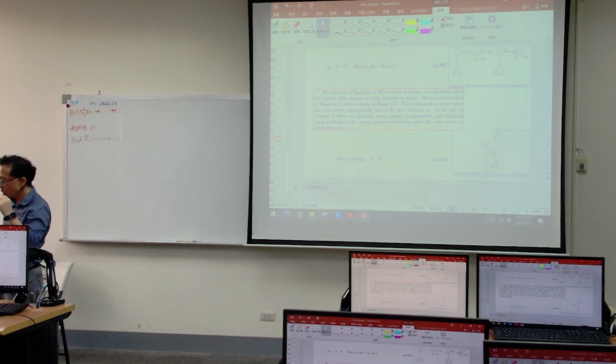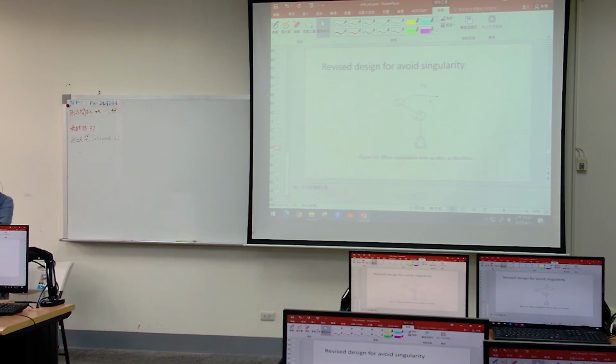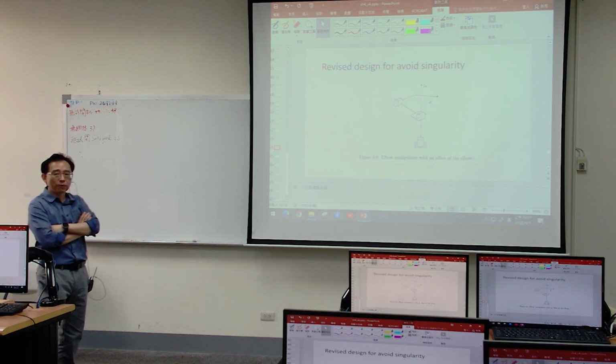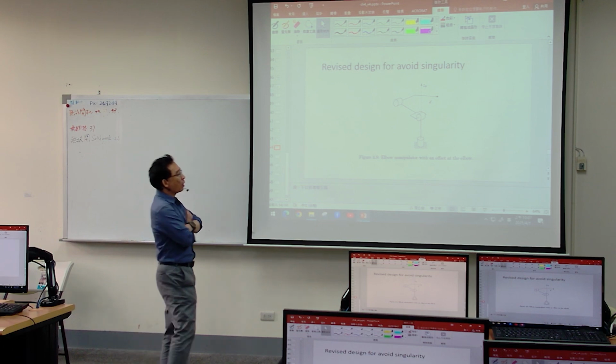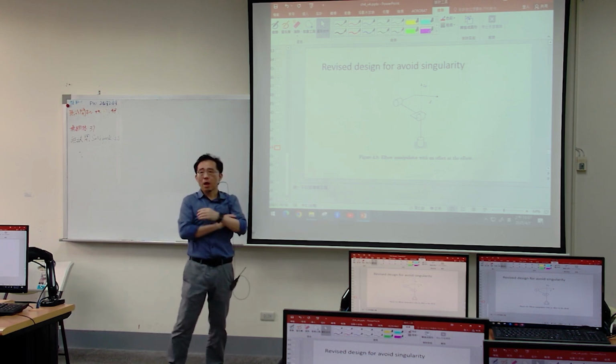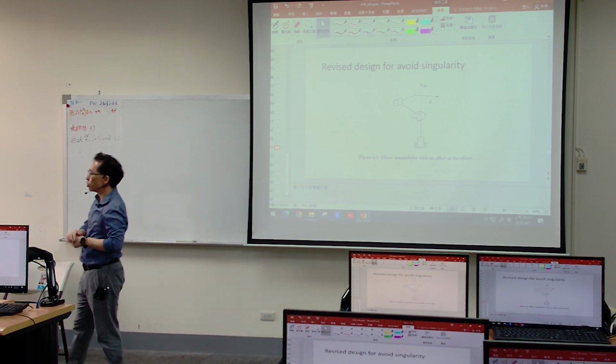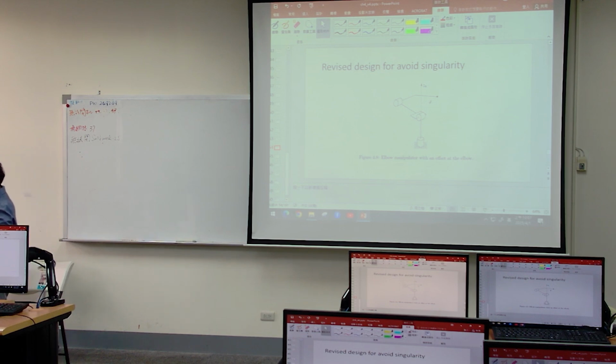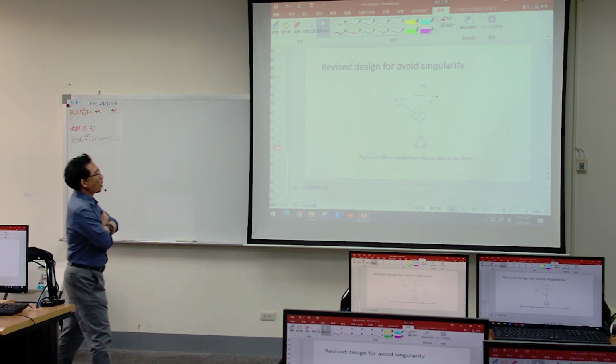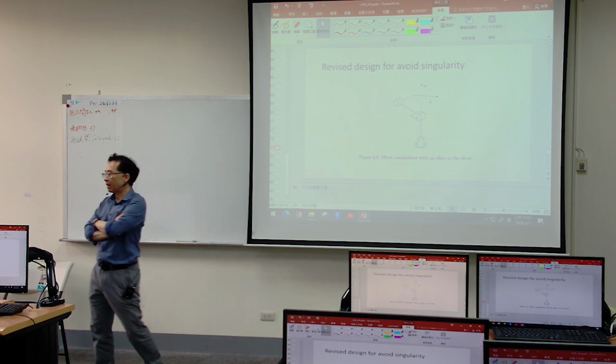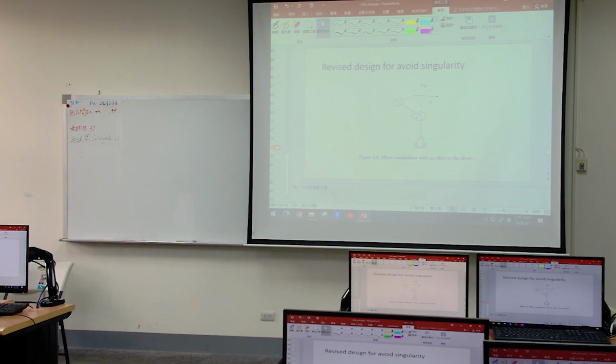But for this one, it's quite annoying. Later on, you will find maybe 90% of arm types, even the UR, are designed this way. They have an offset, no matter in joint 1 or joint 2. They always have an offset. They just want to avoid the second type of singularity for the arm section.